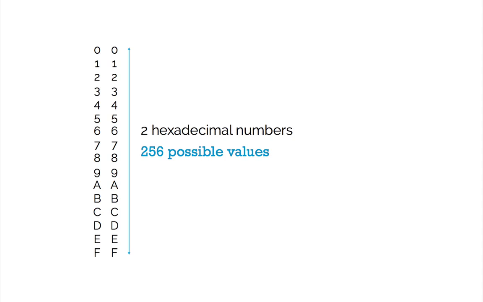Each color intensity is represented by two hexadecimal numbers, 00 being the smallest intensity and FF being the strongest. The combination of these two hexadecimal numbers allows us to cover the 0 to 255 range of intensity variation for each primary color.